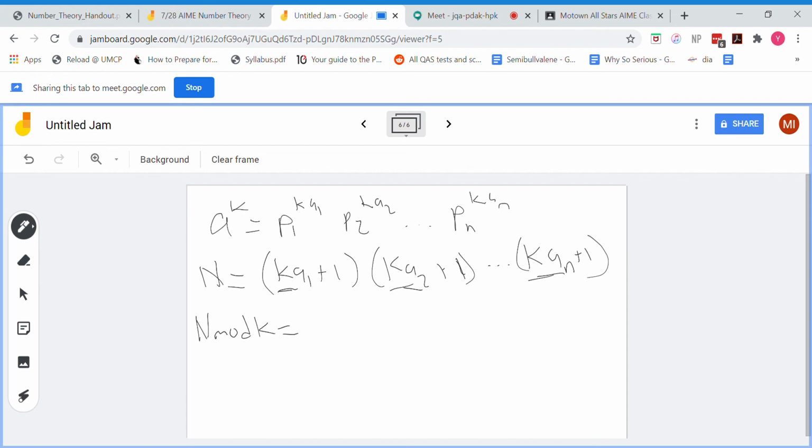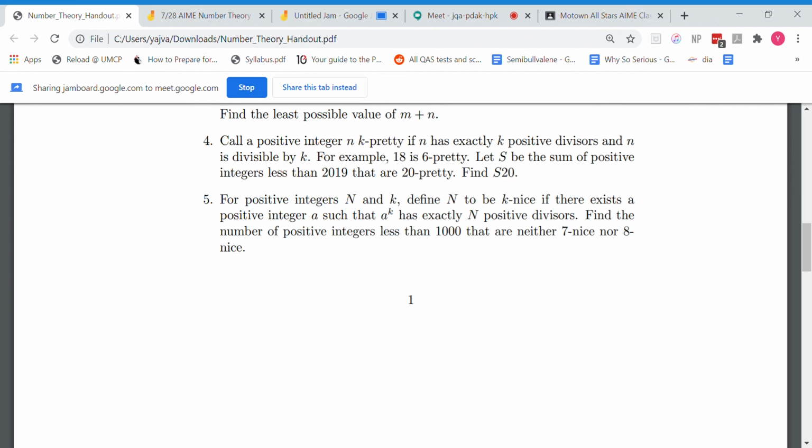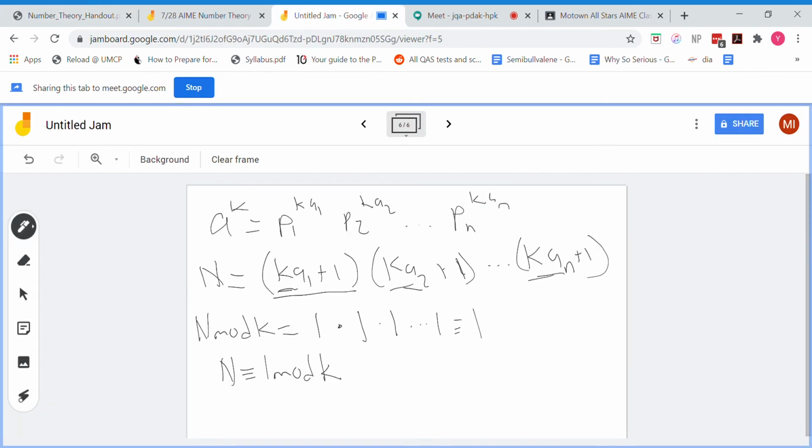The first term is just 1, second term is just 1, and so on. So we have n equals 1 mod k. And this is independent of any value of a. No matter what the value of a is, n is always equal to 1 mod k. So a k-nice number is always 1 mod k.